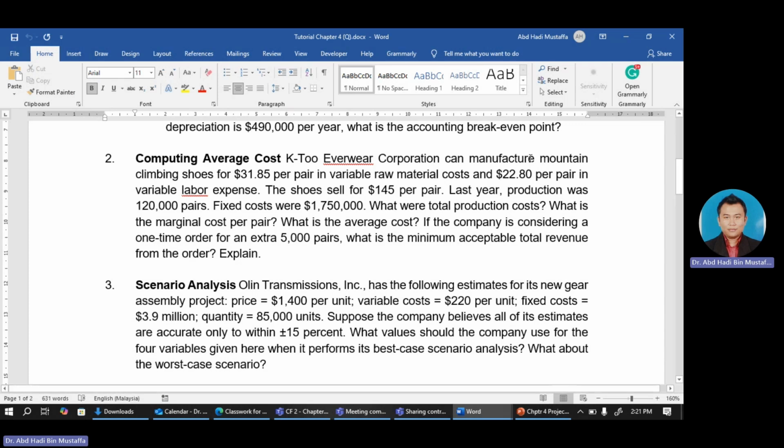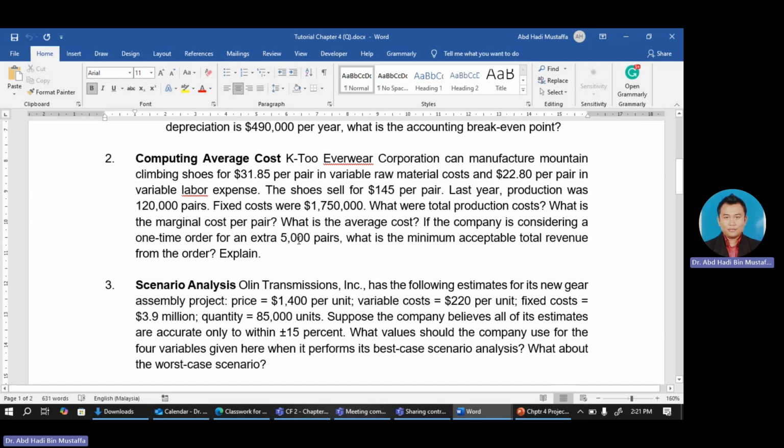Okay, now, if you look at question number 2, let me read it out for you. K2 Everywhere Corporation can manufacture mountain climbing shoes for $31.85 per pair in variable raw material cost and $22.80 per pair in variable labor expense.